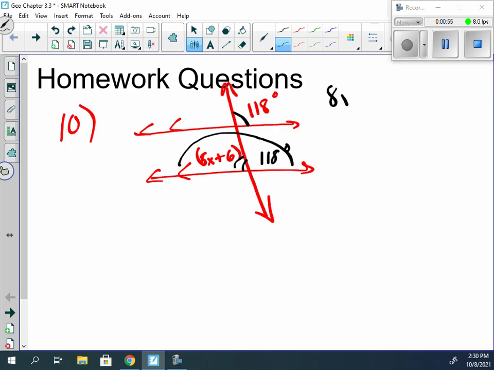So we can say that 8x plus 6, we could, and then subtract 6 and solve it from there. Yeah, you would get the same answer. 118 plus 6 is going to be 124.